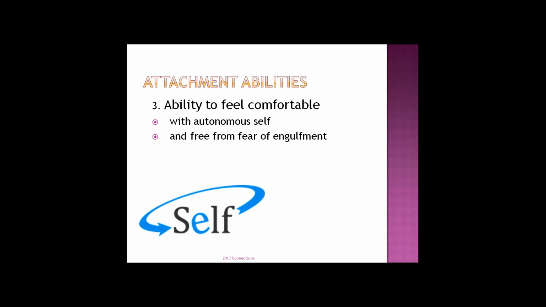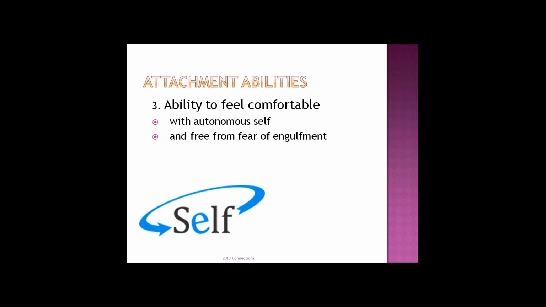The healthy attachment skill also means that you're not afraid that you're going to be swallowed up by others. Because if you think, "If I step into this, they're going to engulf me and I'm going to get lost and I'm going to get swept into the drama of their life," then you have that fear of engulfment, and that will prevent you from reaching out and connecting to another person.